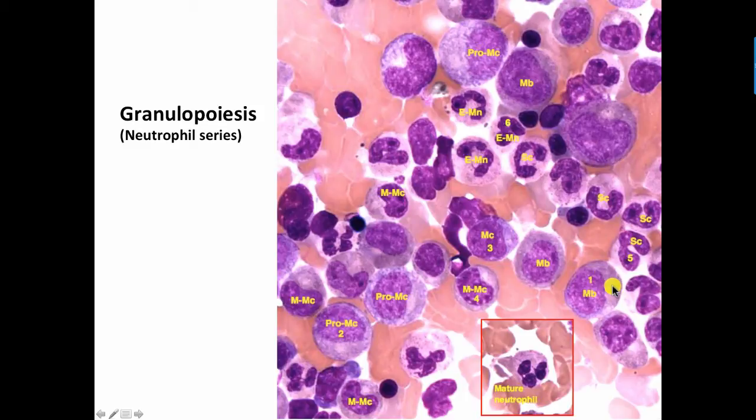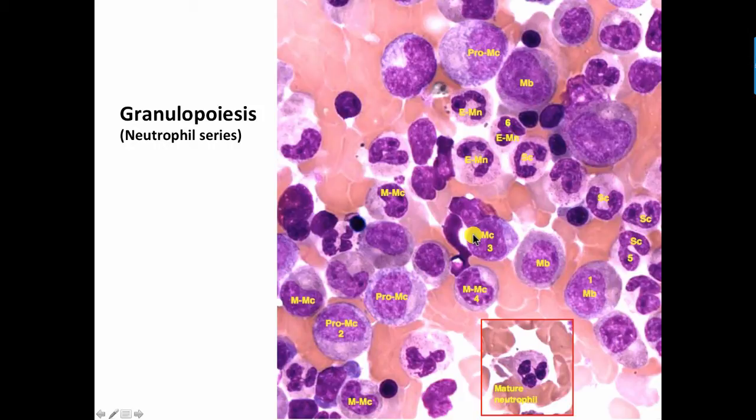The cytoplasm has this dirty, washed out gray appearance, but what is characteristic is that there are no granules in it, and unlike the erythroblasts, the cytoplasm does not have a lot of blue color due to the presence of ribosomes. Now, because we're looking at the neutrophil stage, the granules are not going to be as prominent as they would be if we were looking at the eosinophil stage.